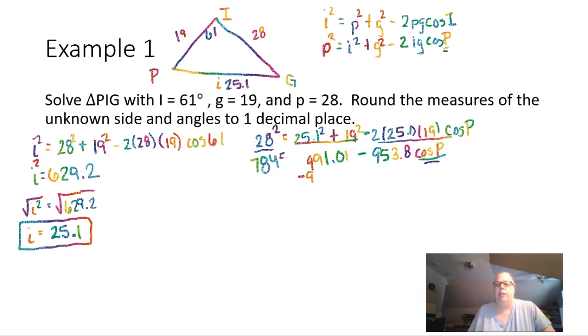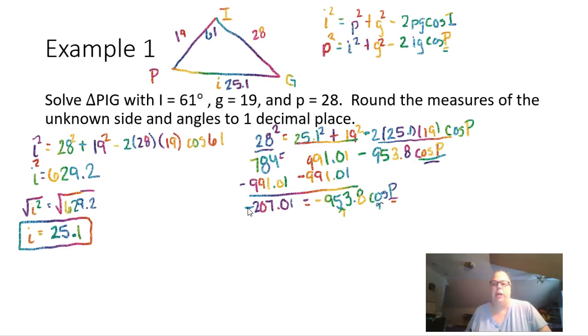And so we're going to solve this like a regular equation. I'm going to start with moving this 991.01 to the other side with the 784. And this gives me negative 207.01. And then it will be equal to negative 953.8 times the cosine of P. Again, here's my variable back here, so I need to get rid of this negative 953.8, and also I need to get rid of this cosine.